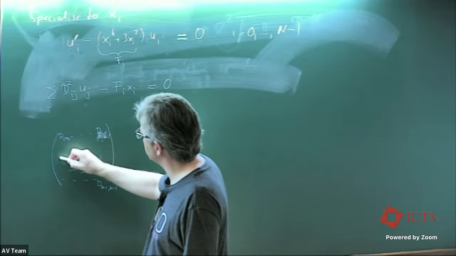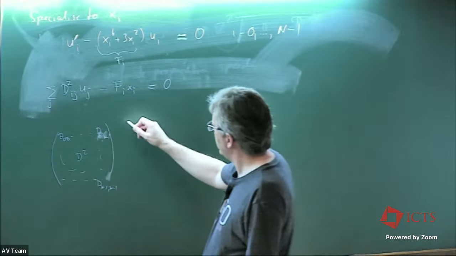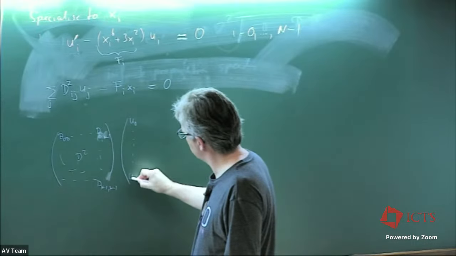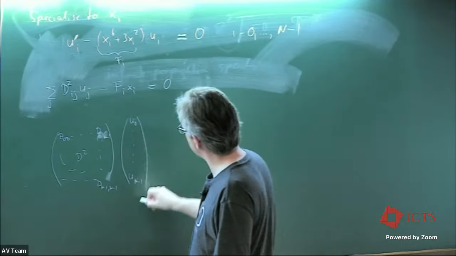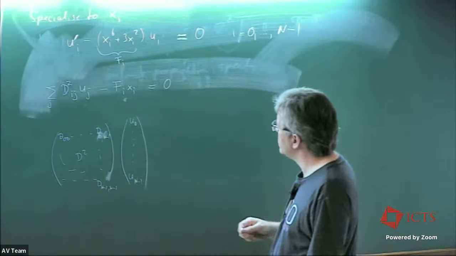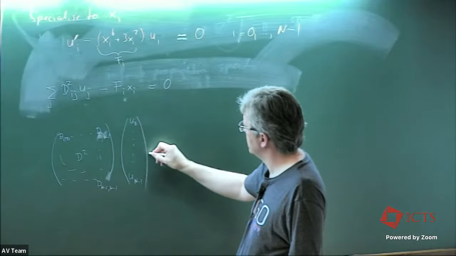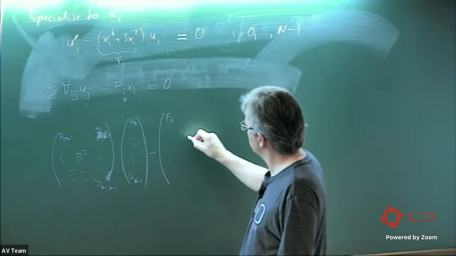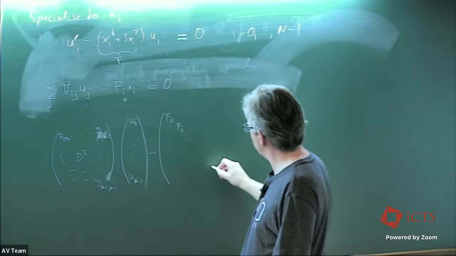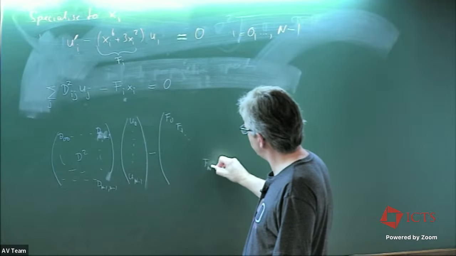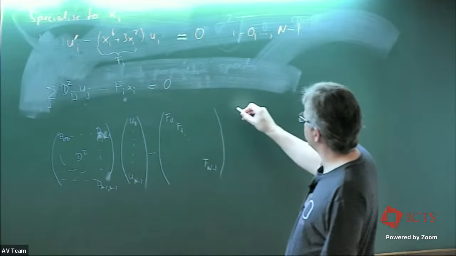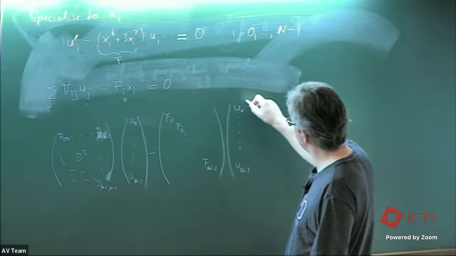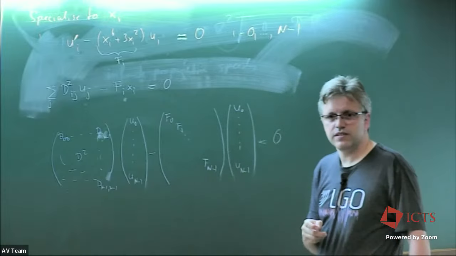So it's a matrix with numbers that is multiplied by my u vector, u0 to un minus 1. Next term here, I can also write as a matrix. I'm putting f0, f1 to fn minus 1 on the diagonal. And I can again multiply it with u0 to un minus 1. And this whole thing is 0.